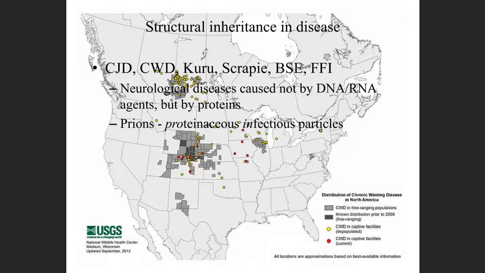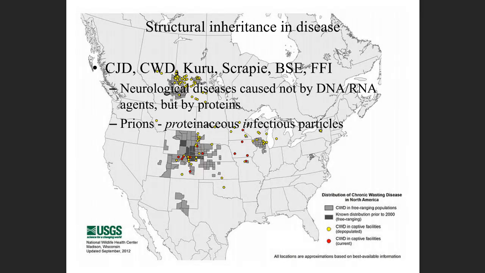So there are a number of related brain diseases that are found in humans and non-human animals. In humans, you have Creutzfeldt-Jakob disease, Kuru. In deer, you have chronic wasting disease. In sheep, I think you have scrapie. And I don't know how many of you are even old enough to remember mad cow disease.